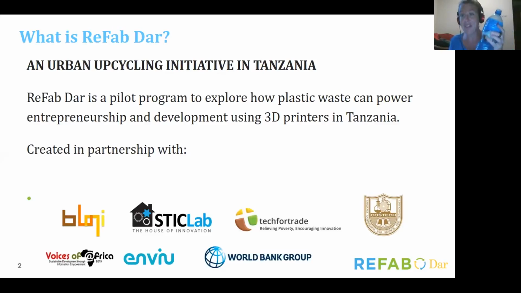So here you have this plastic that's not going away, and in Dar es Salaam, it's clogging our waterways. There's actually 400 tons per day of this plastic waste not recycled in Dar es Salaam today. And that's just in Dar es Salaam.